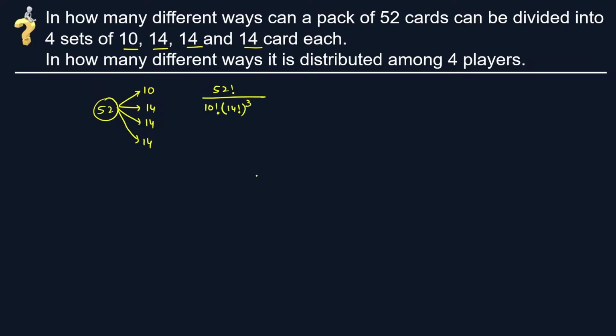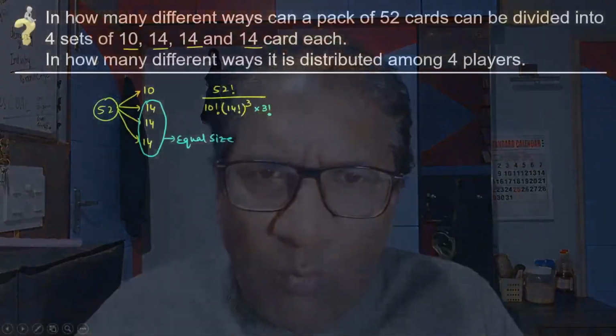So it will be factorial 14 whole cube. But here these 3 groups are of equal size. Now as they are of equal size, I have to divide it by factorial 3. That's it. So this is the total number of ways of dividing or grouping 4 groups containing 10, 14, 14 and 14 cards.